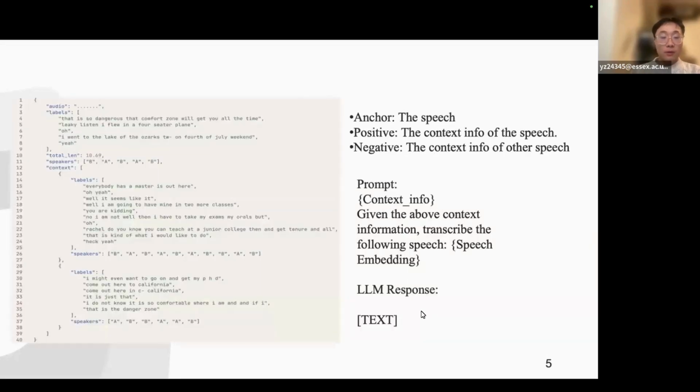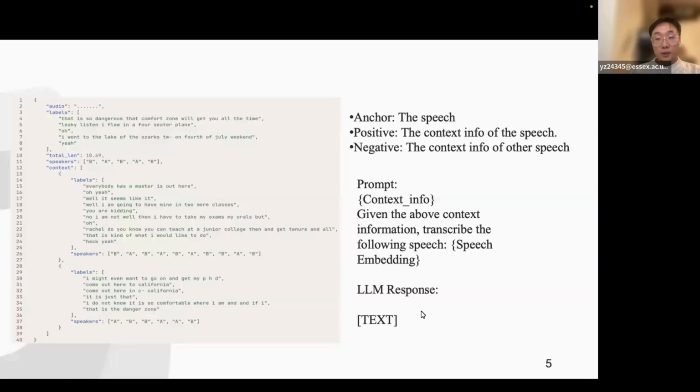So here's an example in our task. In the ASR task, we have context such as histories. You can see from this figure, there is a context column and a labels column. So we can see the context here is basically the previous ground truth transcription of the current speech. So we can use this as the context.